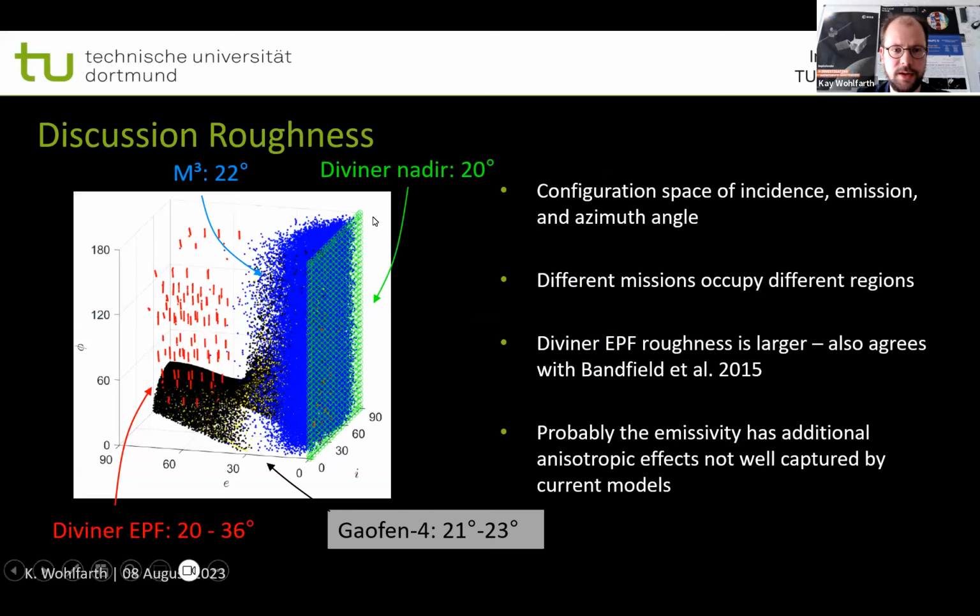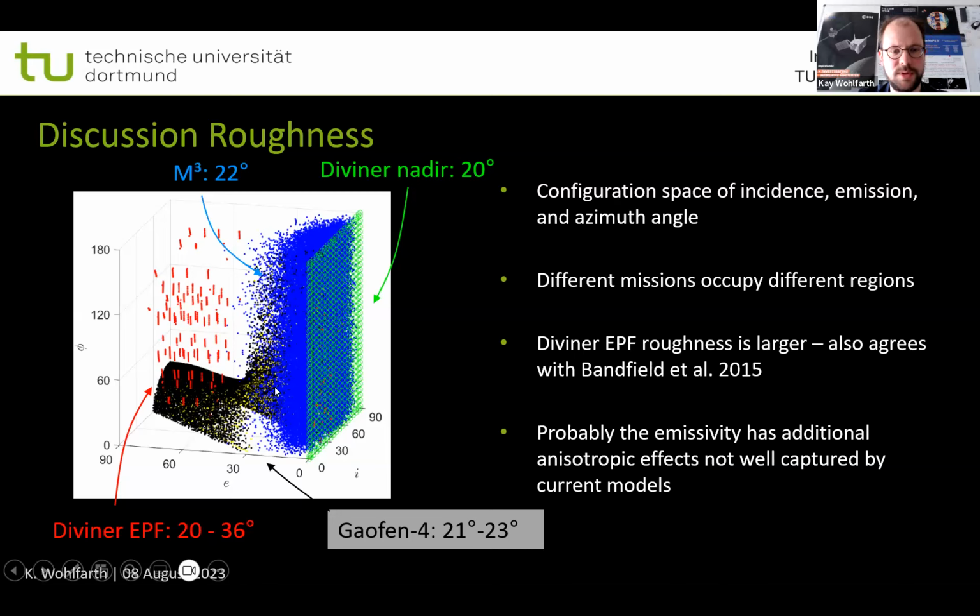So Diviner Nadir is here, where we have zero emission angle and a different set of incidence and azimuth angles. We have the M-cube measurements. In black, that's Chandrayaan-2, and in red are the Diviner EPF measurements.